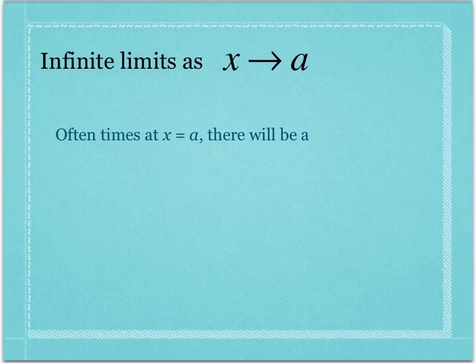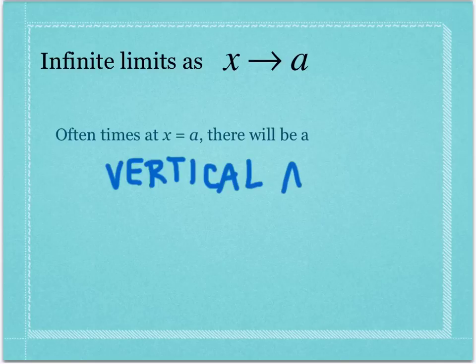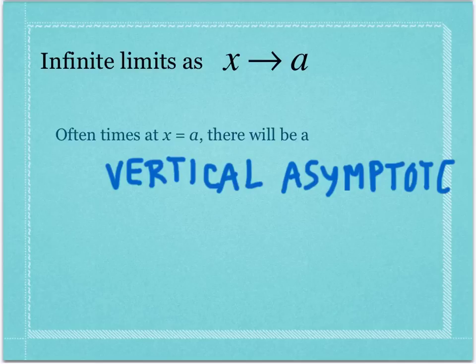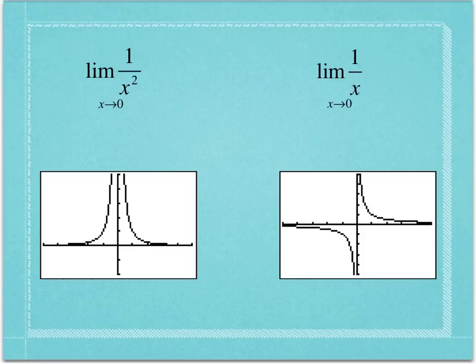And typically when you do this, an awful lot of the time you will see at x equals a, there will be a vertical asymptote. And again, this is going to be some place where the function is undefined more than likely. And we want to see what actually happens when that x value approaches that place where the vertical asymptote will be. So here's a couple of examples.